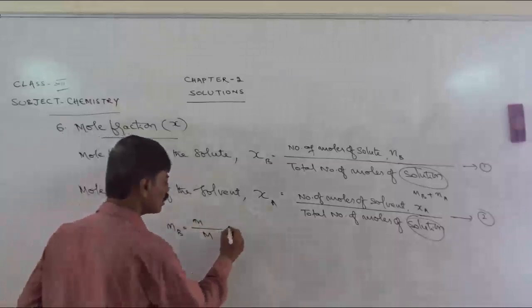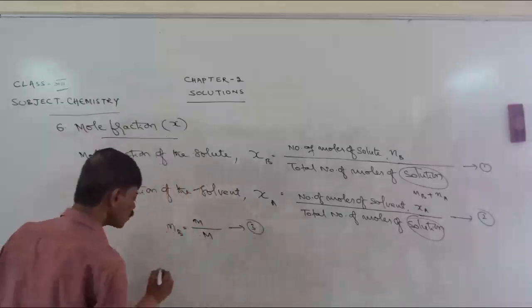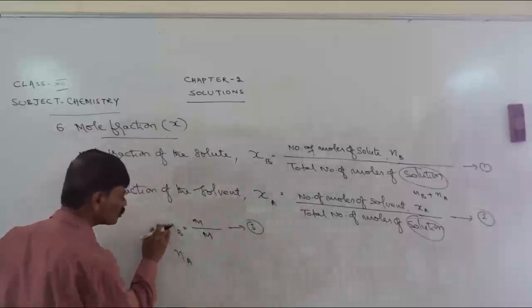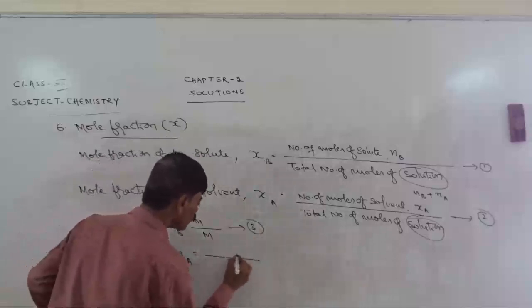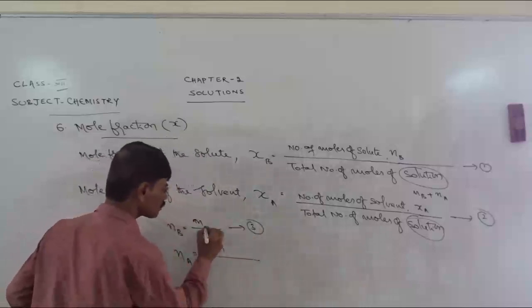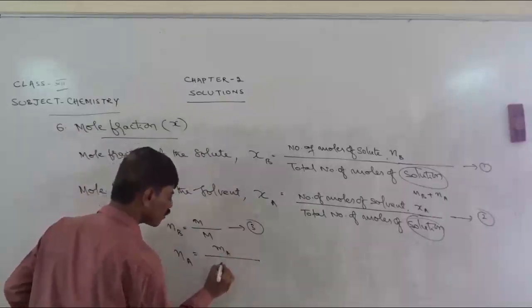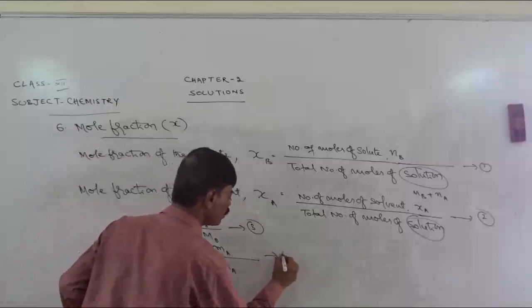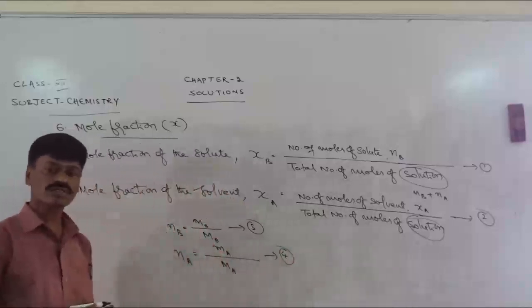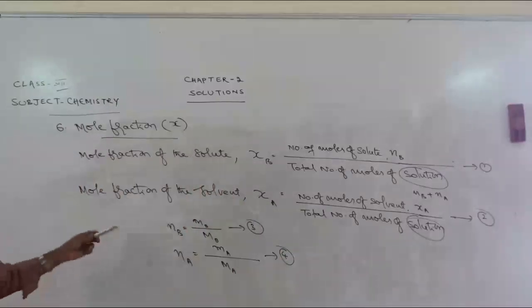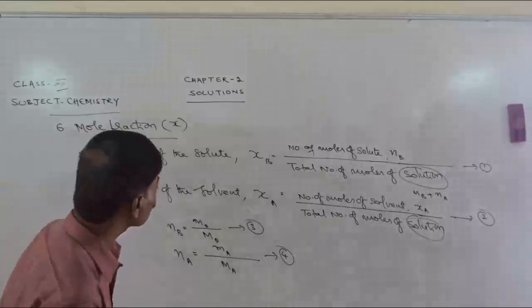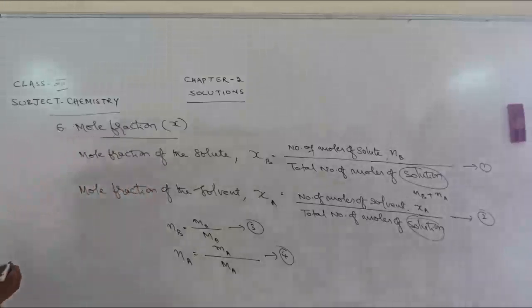Let this be equation number 3. Also number of moles of solvent is equal to mass of solvent divided by molar mass of solvent. Here MA. This is the fourth equation.